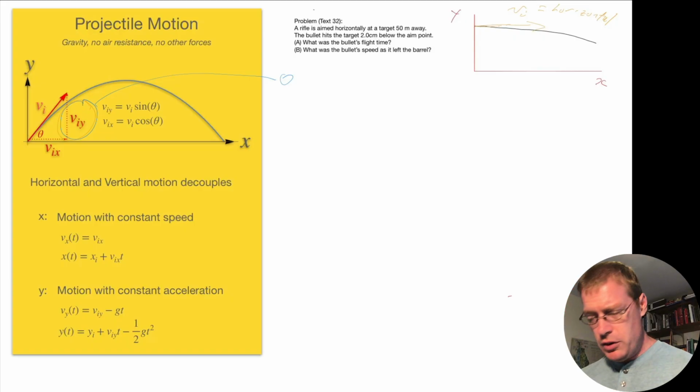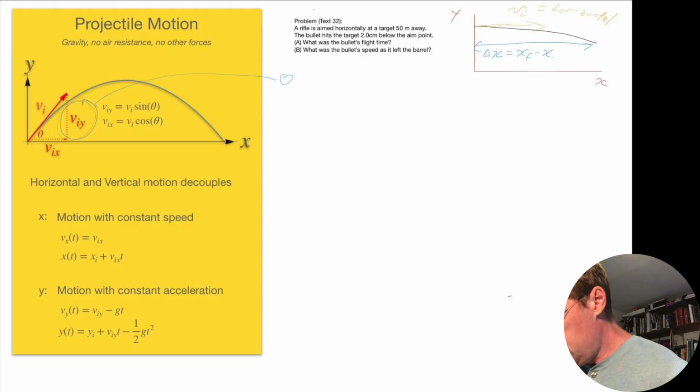And then they give us geometric information. They tell us the distance that it flies, and they tell us the distance that it drops.